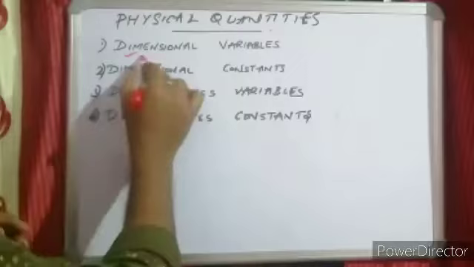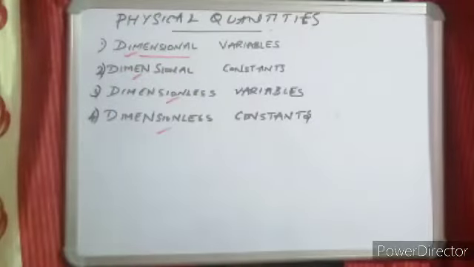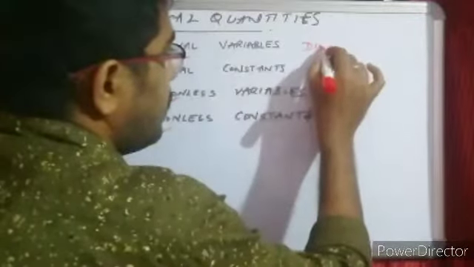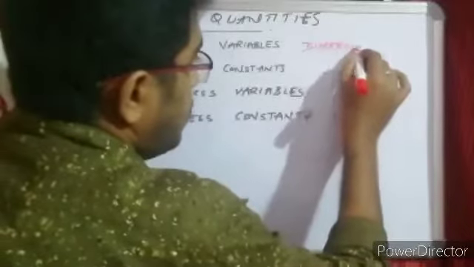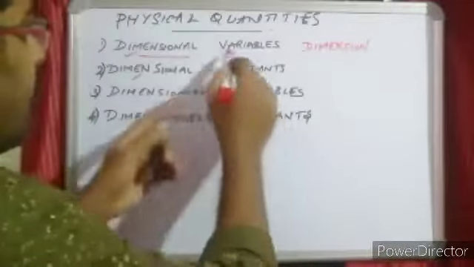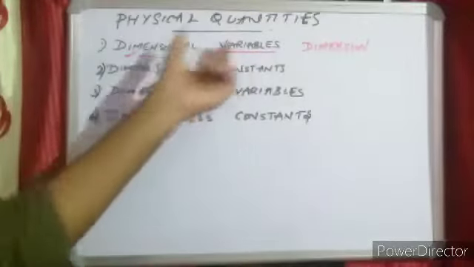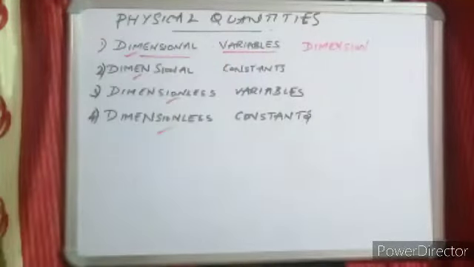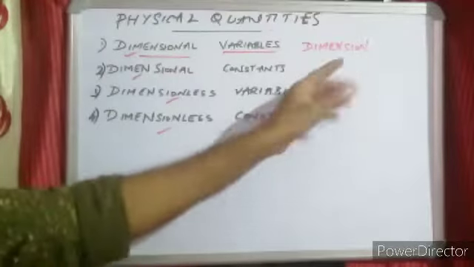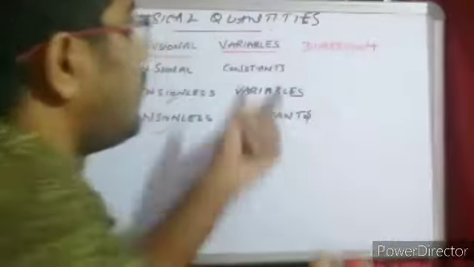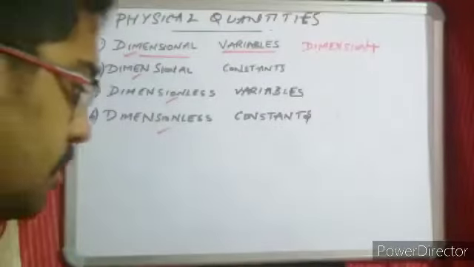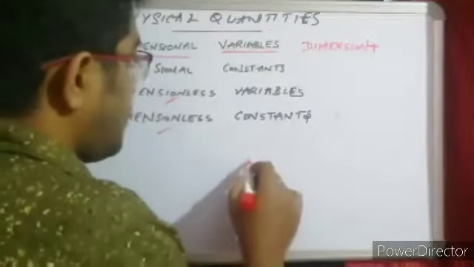So when I say dimensional, it does have dimension, right? There is a proper dimension and it is a variable. Some physical quantities have dimensions, and they are put under the dimensional variable category. They have dimensions plus their magnitude. Let's say force.